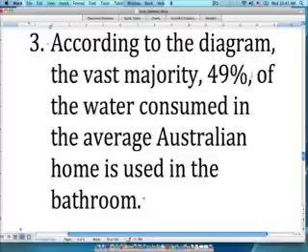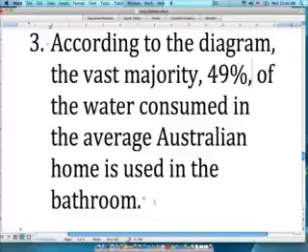So here's just an idea for you, a way that you can share the value of what you're talking about without breaking the reader's fluency while they read the sentence. Okay, so we've shared the largest share of the water that is used in the average home in Australia.